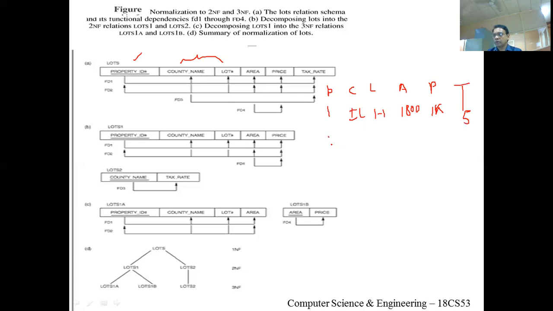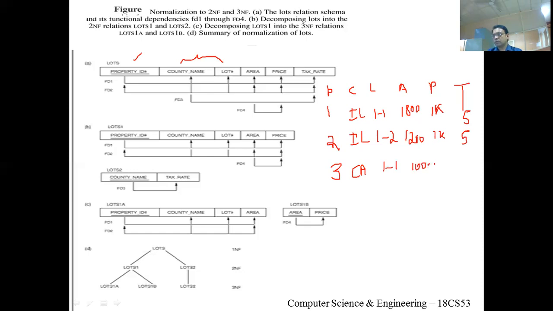Property ID 2, Illinois. Let me fill the data. 1-2. This is 1200 square feet. Price is 1K again. Tax rate is 5% something. Property ID 3. This is California state. County is nothing but state. California, 1-1, 1,000.